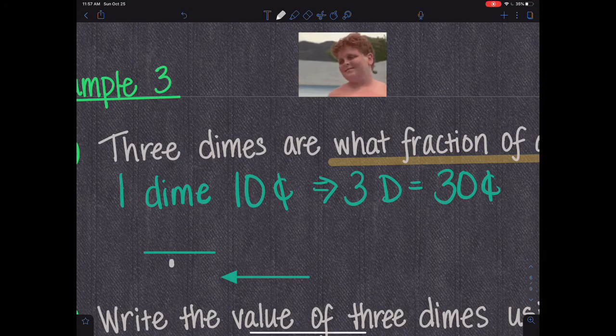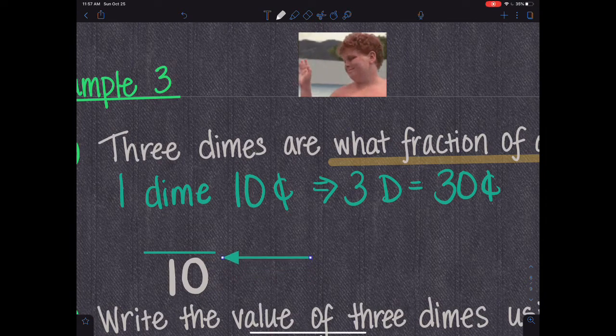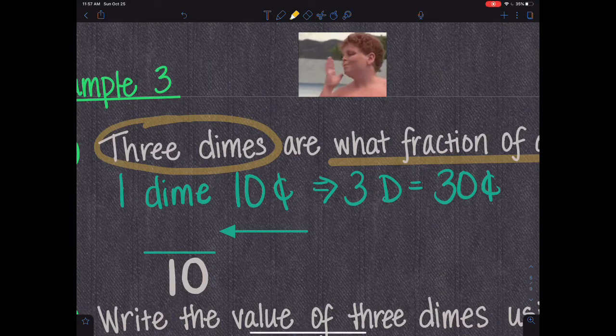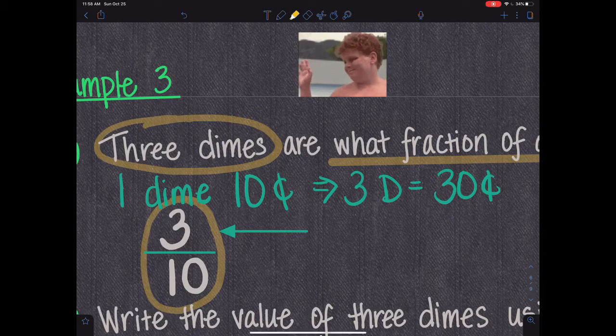I think you can see that the answer is going to be 10 down there, because 10 dimes make $1. And on the top goes how many dimes we're talking about. In the problem, it says we're talking about 3 dimes. So on the top, I'm going to write 3. So this is the fraction. 3 dimes are actually 3/10 of $1.